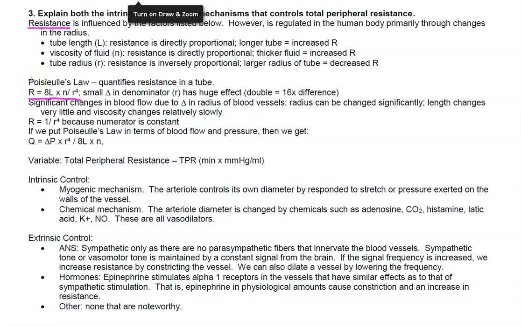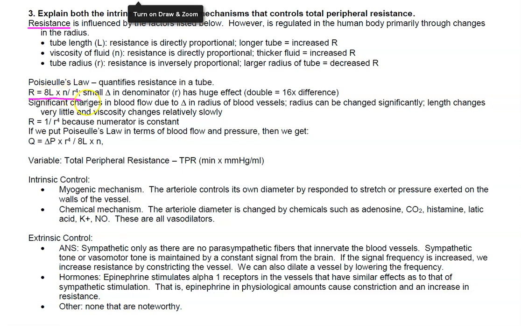power. Okay? So as we've discussed before in lecture, the length of a blood vessel doesn't really change appreciably, not in an immediate time frame. The viscosity doesn't change to change blood pressure. Yes, if length or viscosity changes, we can't forget about it because it will affect blood pressure, but we don't change those variables to change blood pressure and control it.